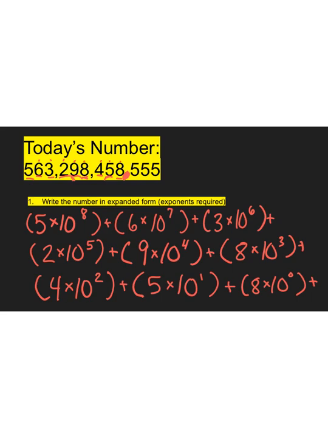Now we're up to our decimals, okay? 555 out of 1,000, we're going to write that in expanded form, okay? So we take each digit one at a time, starting with our tenths place.